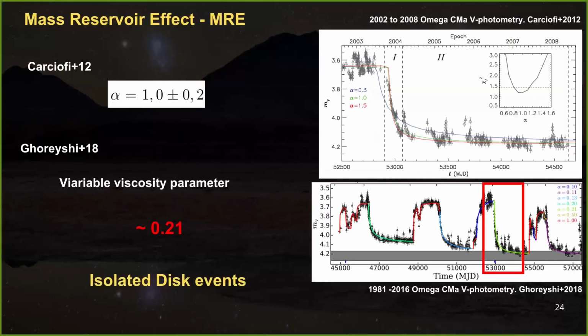So that's the importance for us to study isolated disk events: that is how we can track information from the mass loss process itself without the contamination of the previous mass loss process affecting the disk.